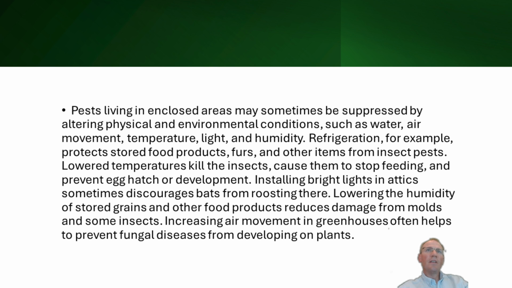And again, just looking at the bottom here, where it talks about increasing air movement in a greenhouse to prevent fungal diseases from developing on plants, that doesn't seem like much, but that small alteration can stop these fungal diseases from spreading, and that's a really big deal in a greenhouse. You definitely don't want to lose all your plants. So it's a small alteration that makes a very big difference.